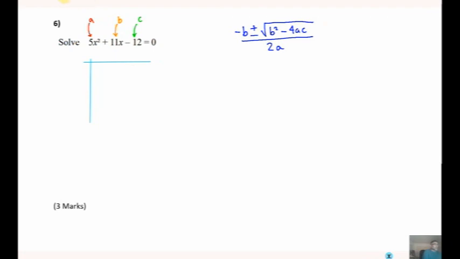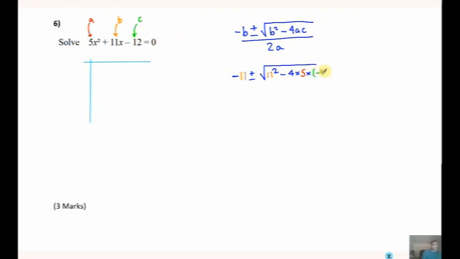If I substitute my values in, in this case it's going to be minus b, so minus 11, plus or minus the square root of b squared, which is 11 squared, minus 4 times a and c, so a is 5 times c, which is minus 12.